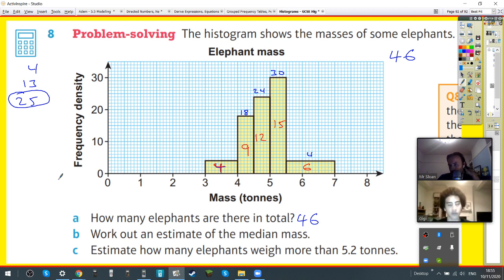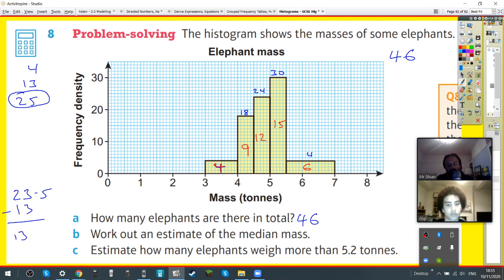Would you divide it by 0.5 and then times it by 25? Or would you times it by 0.5? Oh, wait, it's 23.5, that is. So the 23.5th person. But there were 13 people before it.